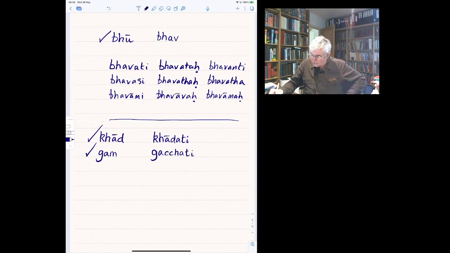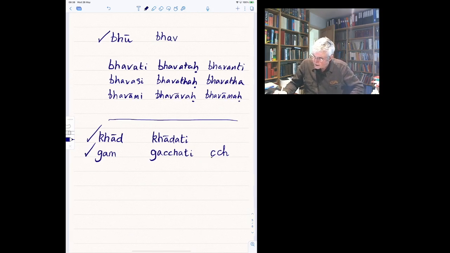Note here, by the way, that the aspirated ch is always doubled if it's preceded by a short vowel. So it is preceded by a short vowel here, so it's doubled to cch. And incidentally, when you double an aspirated consonant, that's a consonant with an h sound after it, like ch, you only double the first element of it.